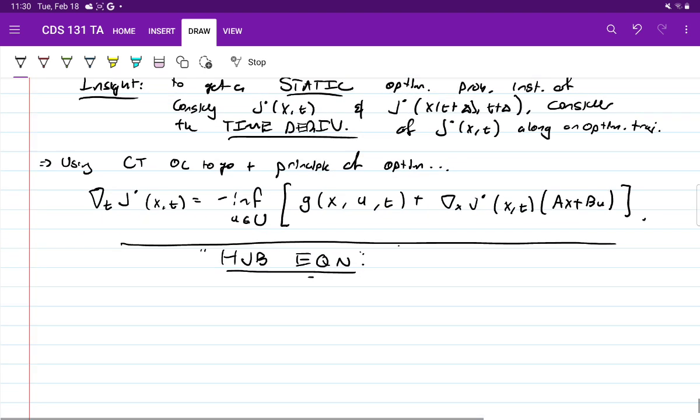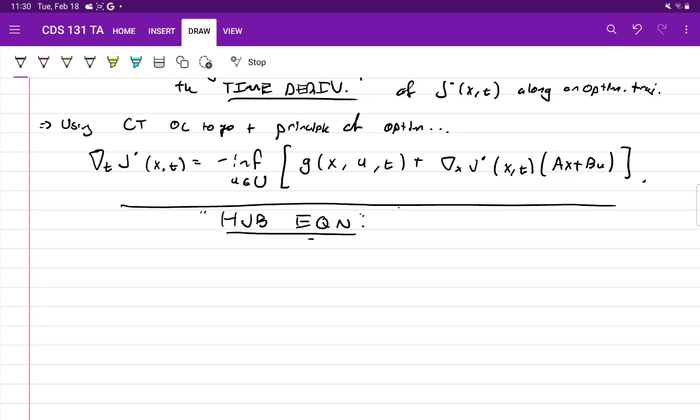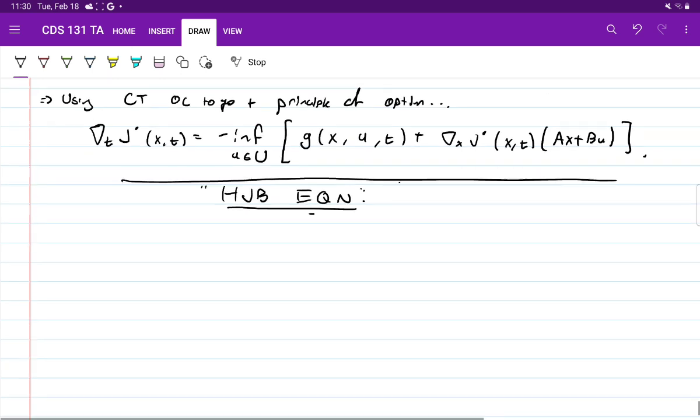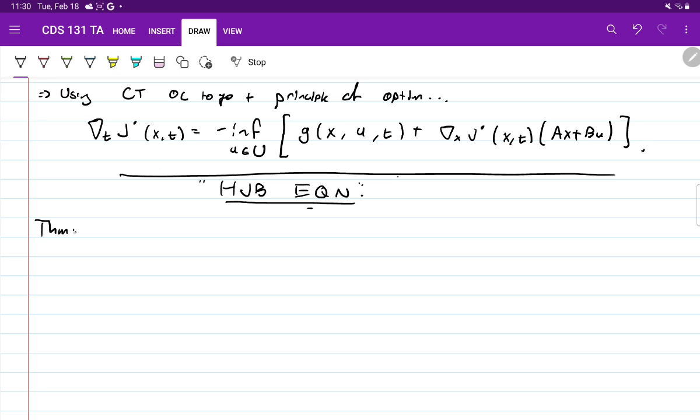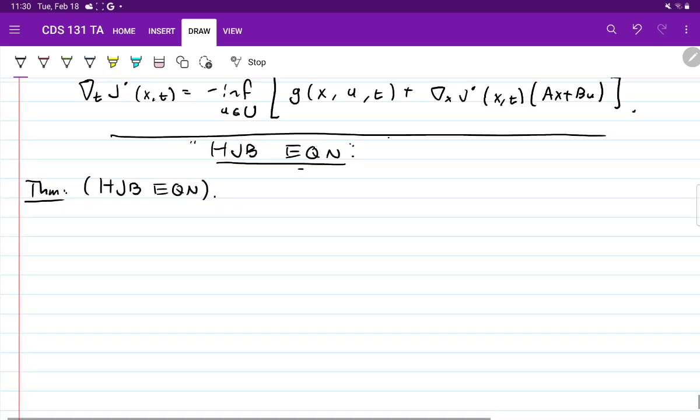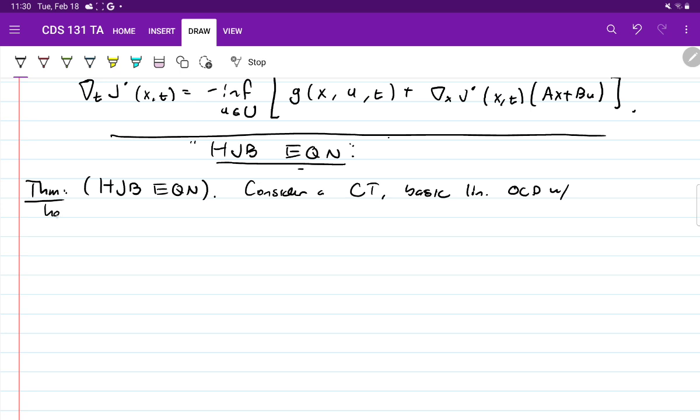Okay. So let me go ahead and state one final theorem, which just says, okay, this HJB equation actually works, and it gives us what we want, okay? This brings me to the final theorem, which is the HJB equation. Okay, so what I'm going to say is consider a continuous time basic linear optimal control problem with horizon t greater than or equal to 0, okay?